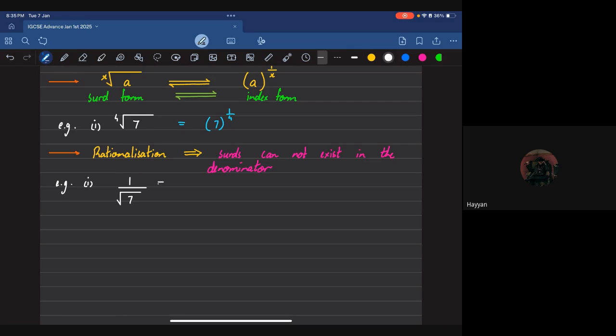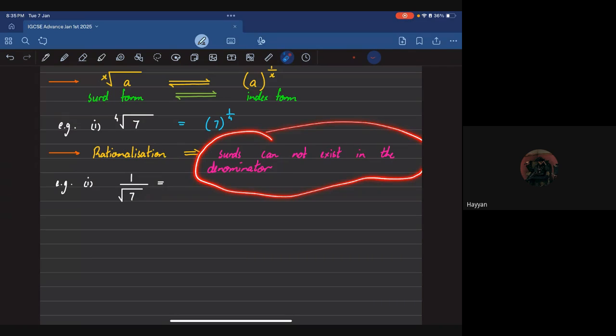This is going to be equal to what? Now, this is existing in the denominator and there's nothing wrong with it. But in order to rationalize it, in order to use it in some sort of mathematic function, I need to make sure that it does not exist in the denominator. I need to rationalize it.